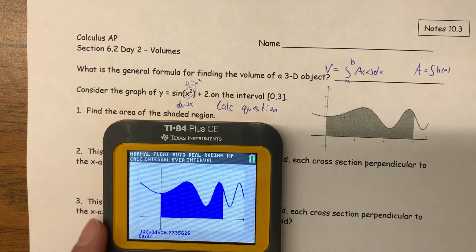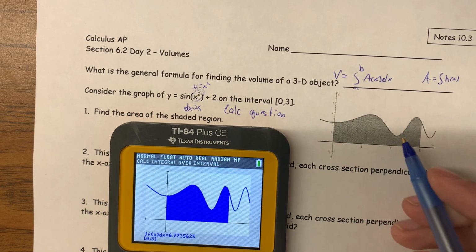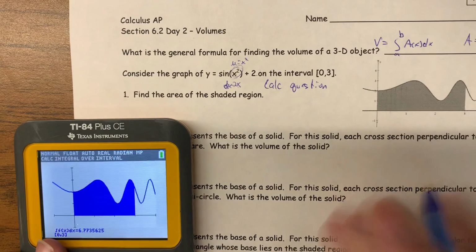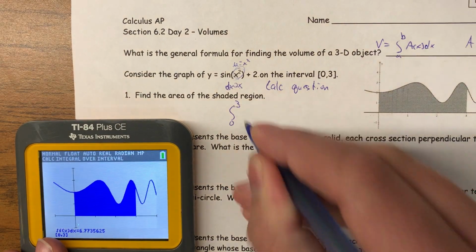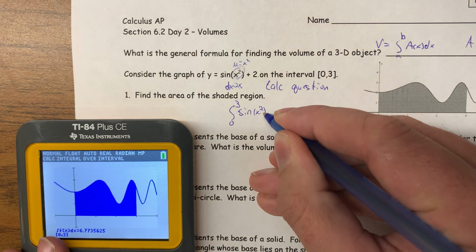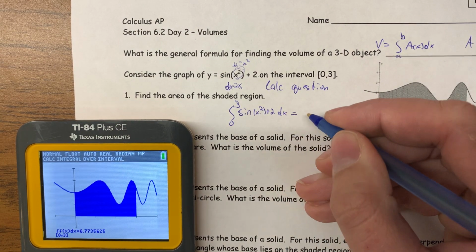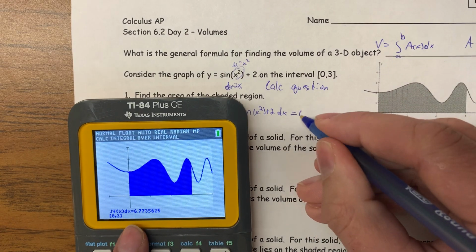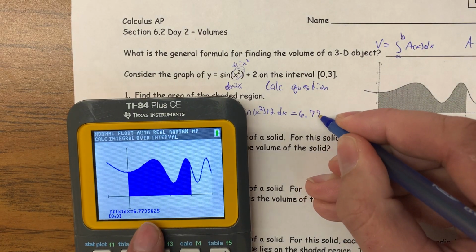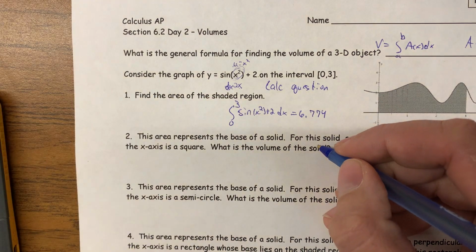It's the integral from 0 to 3 of this function, and the bottom function is just 0, so you don't need to say minus 0. So you want to have this written down: the integral from 0 to 3 of sine of x squared plus 2 dx equals, and we need to go to 3 decimal places, 6.774. The AP exam would also give you credit for 6.773.